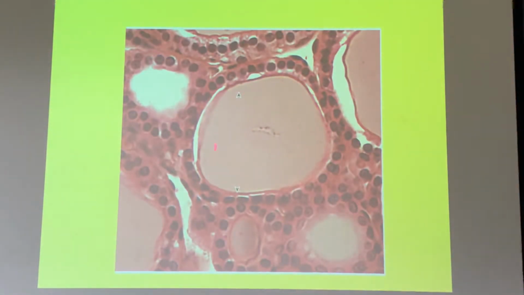So this is a hollow sphere, which is called colloid, and it is surrounded by these cells. These cells are follicular cells. So every colloid is surrounded by follicular cells. All of them are surrounded, and in between those follicular cells, there are cells called parafollicular or C cells.